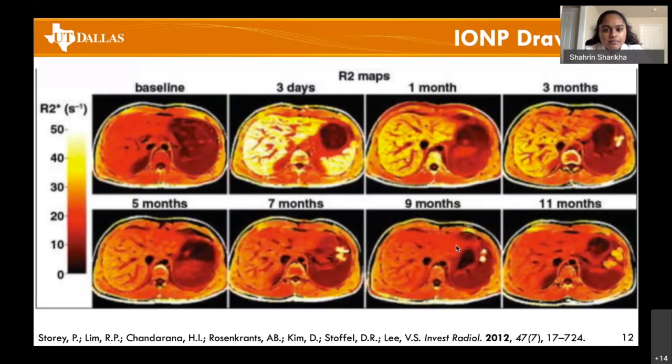I have a question here. Do you mean they injected the patient with iron oxide nanoparticles repeatedly, or just initially, and then looked at the patient every 2 months? This was just initially.